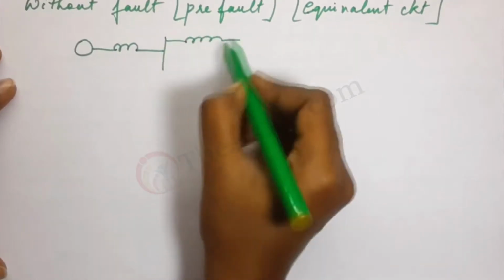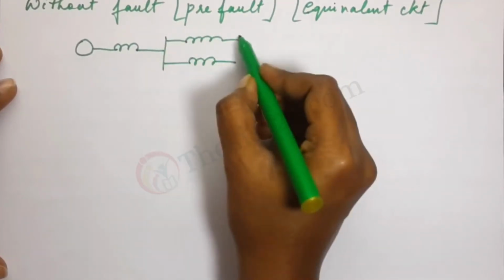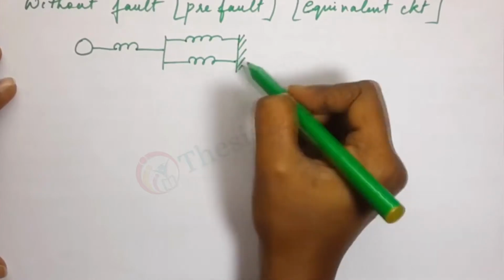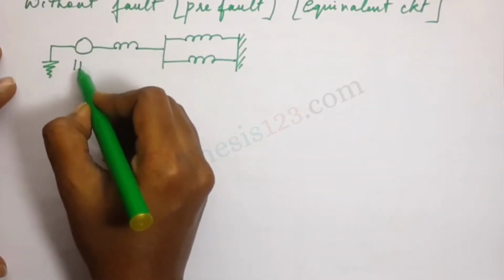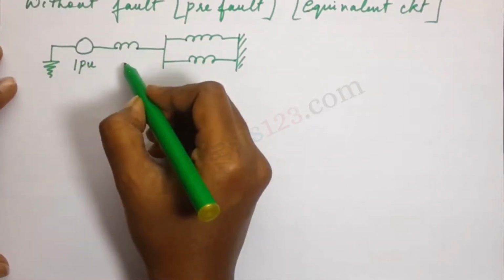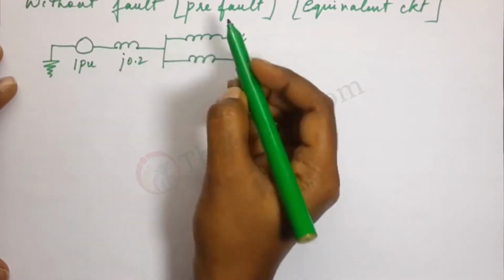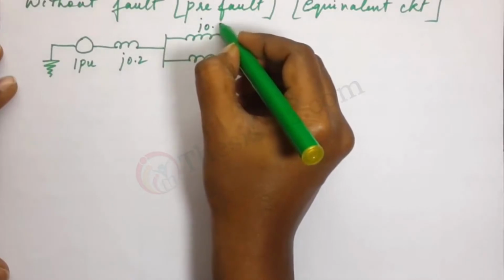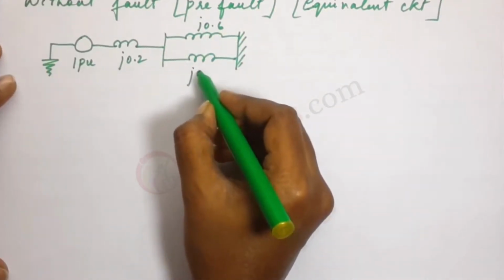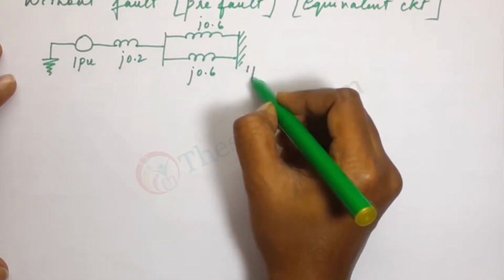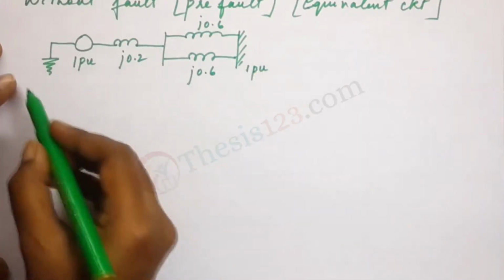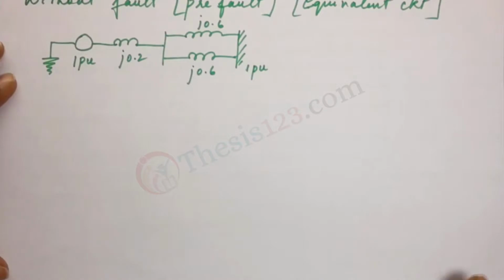This is for the first line, this is for the second line. Here we have our infinite bus, grounded. We have been given 1 pu here, 0.2 here. We calculated 0.6 for the first line, 0.6 for the second line, and the infinite bus is at 1 pu. So this is our equivalent circuit.